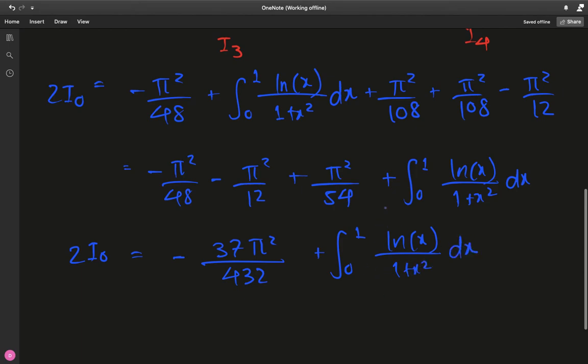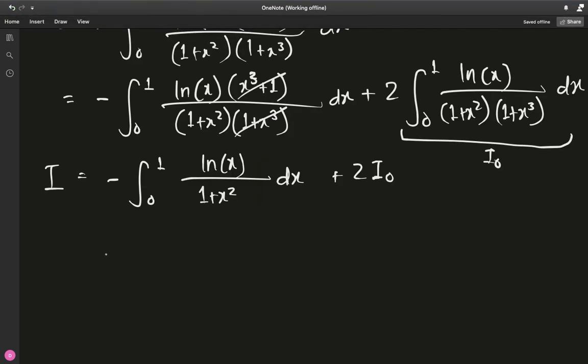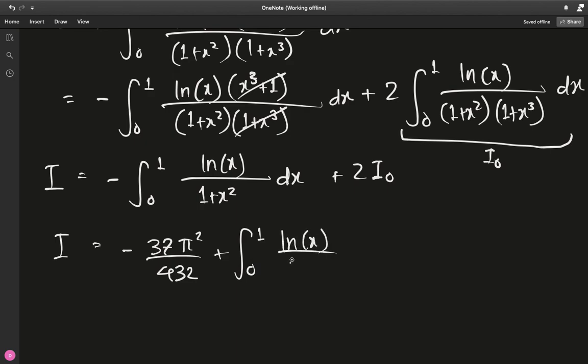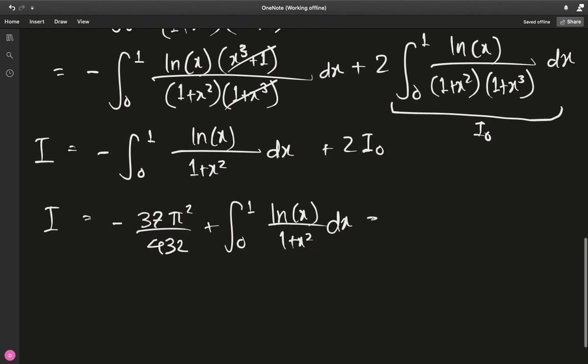So let's go ahead and plug everything back into our original I equation. So now plugging everything back, 2 I naught we know is negative 37 pi squared over 432 plus integral from 0 to 1 of natural log of x over 1 plus x squared dx, and then this original minus integral from 0 to 1 of natural log of x over 1 plus x squared.